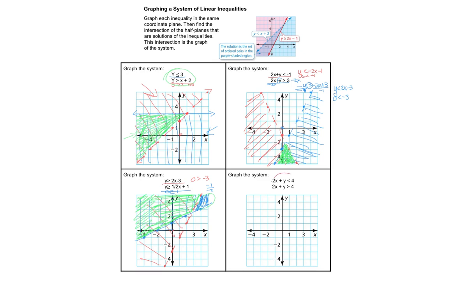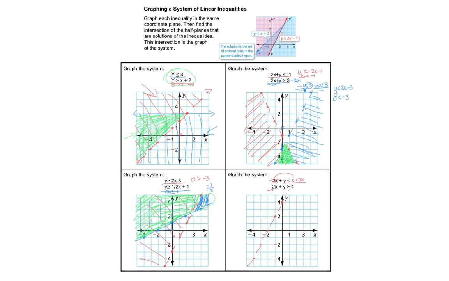Let's bring it over here, plus 2x. So y-intercept's 4, slope is up 2 to the right 1, or down 2 to the left 1. Down 2, left 1, down 2, left 1. It's a dash line.